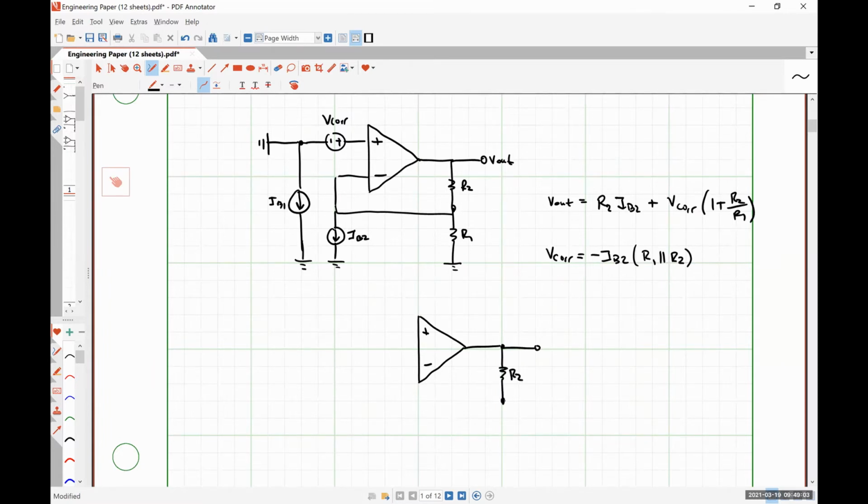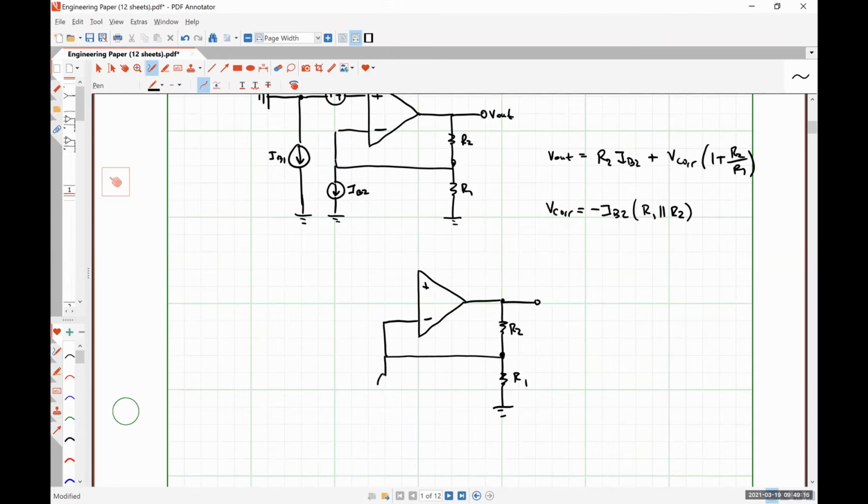Here's R2. Here's R1. Feedback. IB2. IB1.